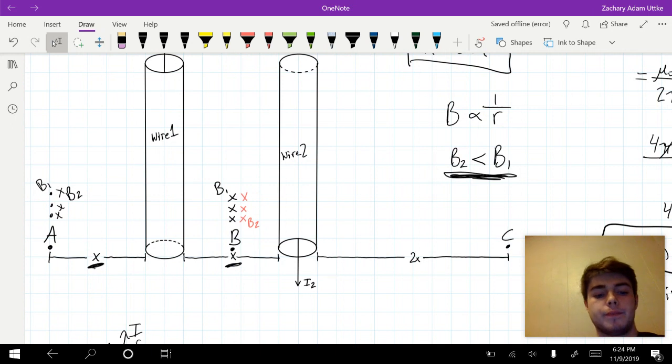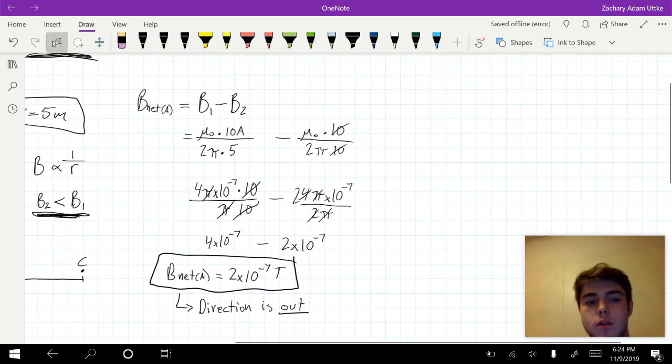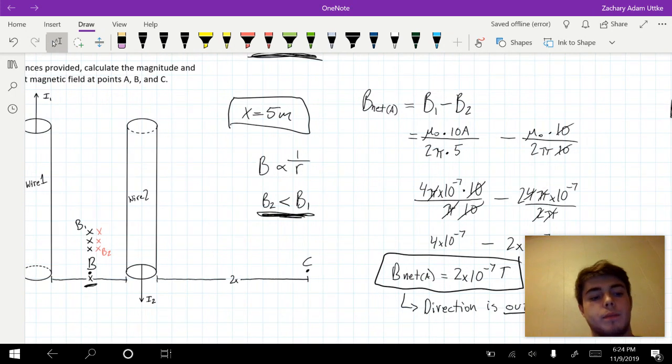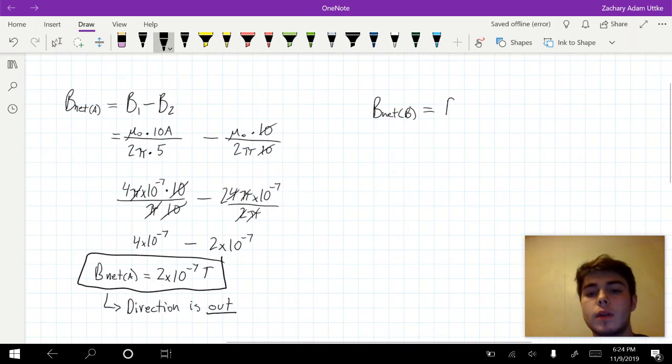So now, point B is midway between these two wires. So that tells us, let's write this. B net, point B, is going to equal, because they're both going into the page, we're going to add them this time.